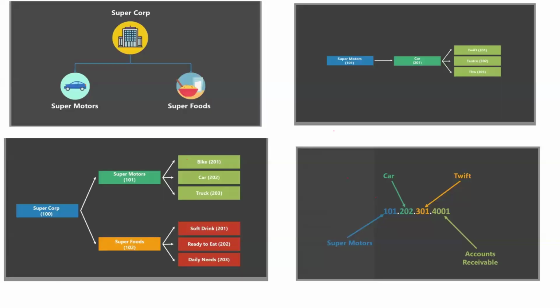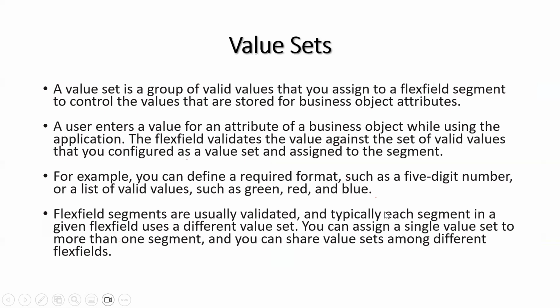Now we are discussing segments, right? These are all segments: company, multiple products, all this. You can see this string 101, 202, 301, 4001. All these are called segments. Now, value set. I think I have discussed before that a value set means configuring these values.